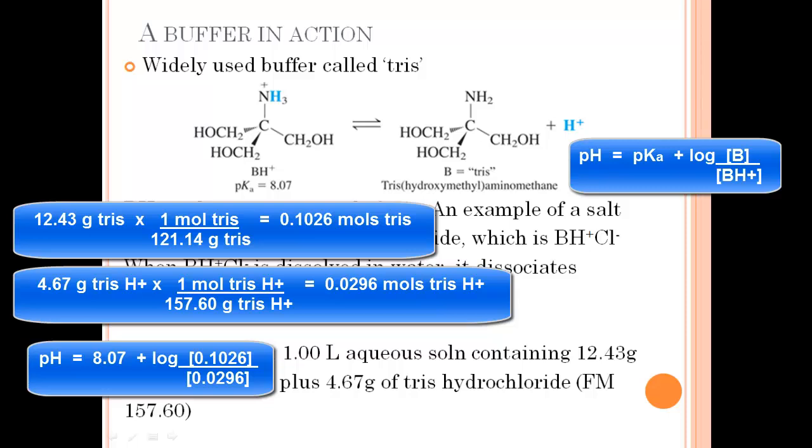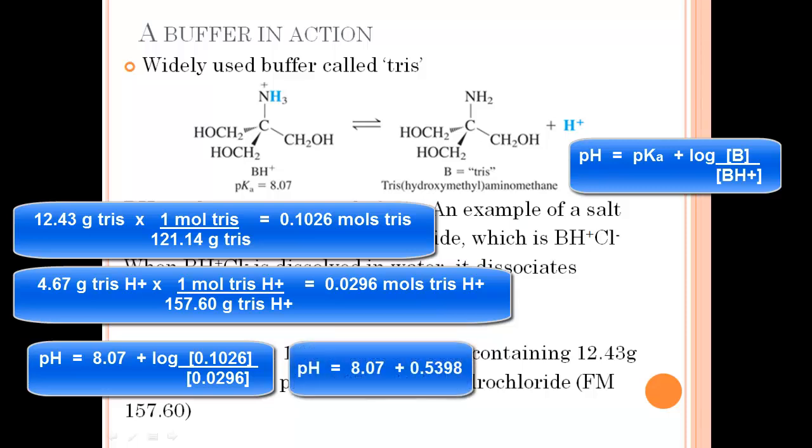I divide those two numbers, I take the log, and you should get 0.5398, and so on. You add that number to your 8.07 and you'll end up getting 8.61. So the pH of a solution with that many grams of weak acid and weak base conjugates of tris happens to be 8.61.